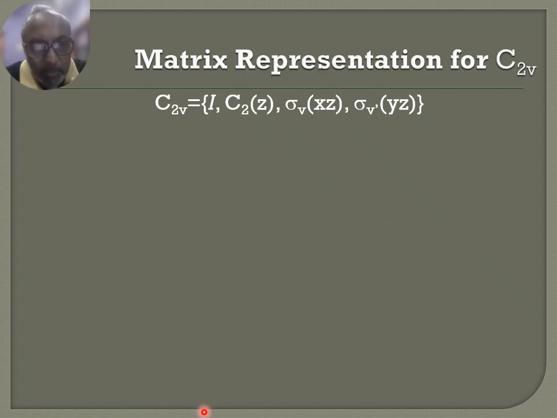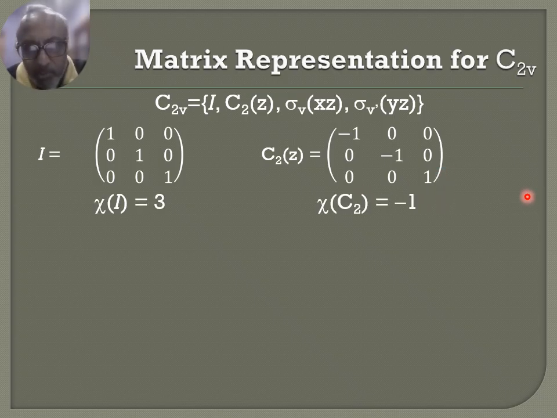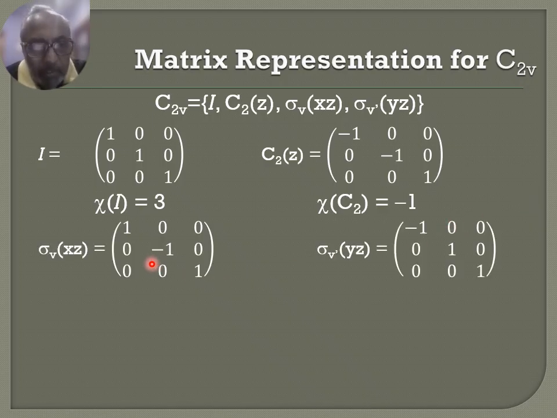To take an example of a reducible representation, consider the point group C2v, which we discussed in the previous episode. The identity matrix is given by 1, 0, 0, 0, 1, 0, 0, 0, 1. C2z is given by minus 1, 0, 0, 0, minus 1, 0, 0, 0, 1. The trace of the identity is 3. The trace of C2 is minus 1. Sigma v xz is given by 1, 0, 0, 0, minus 1, 0, 0, 0, 1, and sigma v dash yz by minus 1, 0, 0, 0, 1, 0, 0, 0, 1.